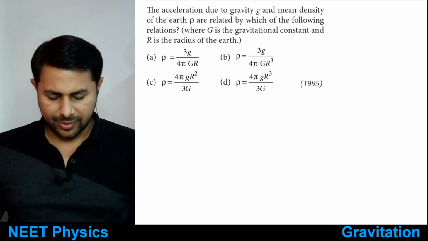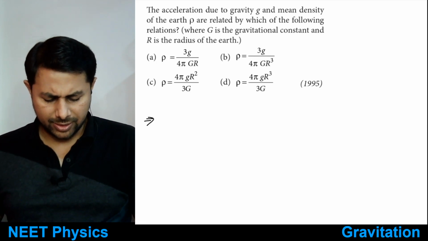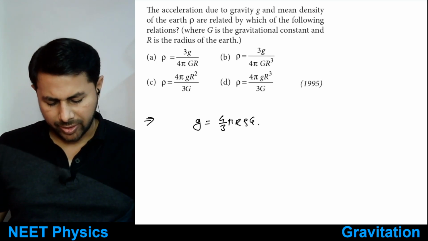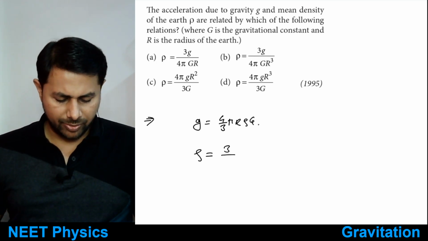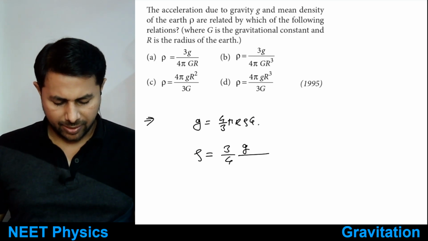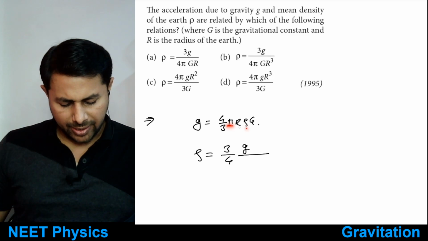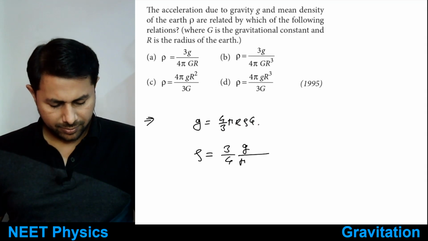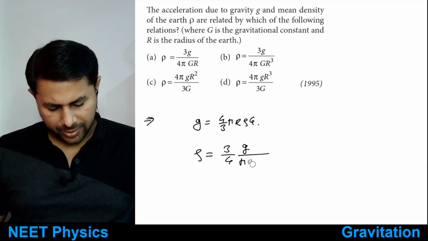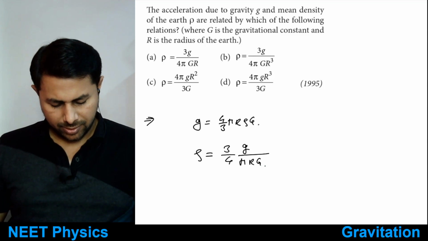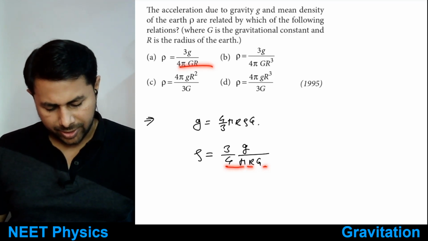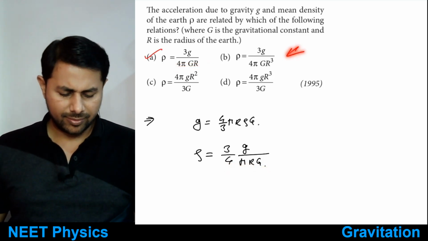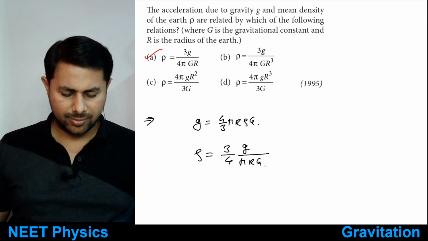So we know that g is equal to 4 by 3 pi R rho G, and we want rho, so it will be 3 by 4 times g divided by what is left, pi R G. So rho is 3g by 4 pi R G, option A is correct. I don't think they will ask this, but we don't know.